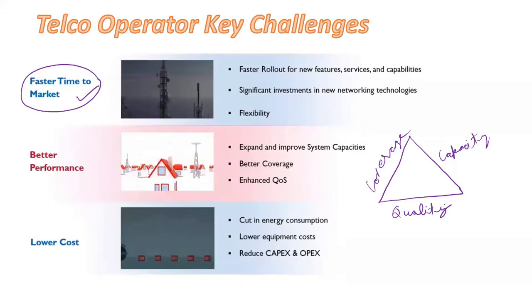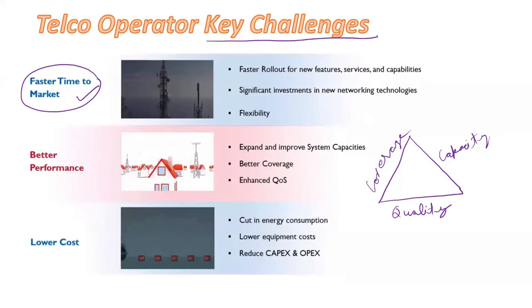And if you have good coverage, then you want to increase the capacity. But increasing the capacity means you need to add more frequency in your network, and then it will introduce interference. So quality will suffer. So we have to do something to balance all these things: coverage, capacity, and quality, which is one of the major key challenges for us telecom engineers or operators.